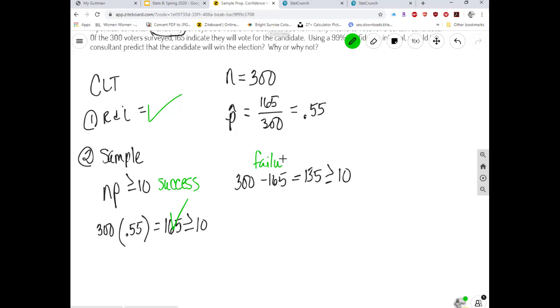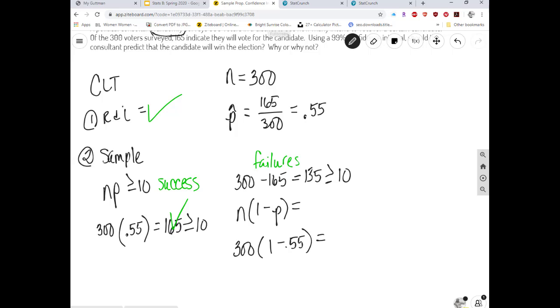Now, I just want to show you how this is no different than calculating it with the formula. The formula is the sample size multiplied by 1 whole minus the proportion. So the sample size is 300, and I've got 1 whole minus 0.55.